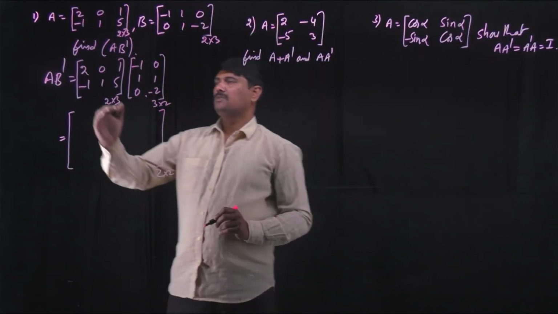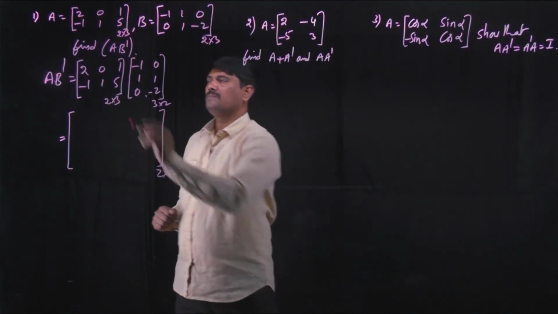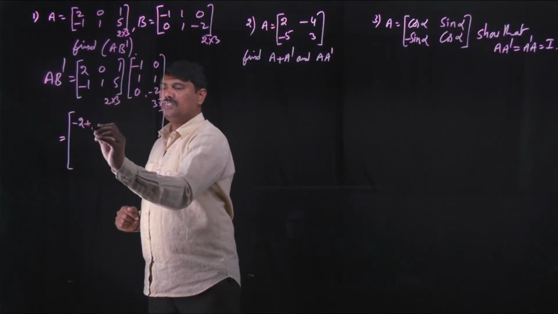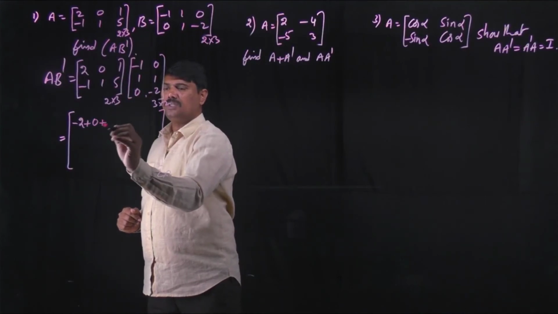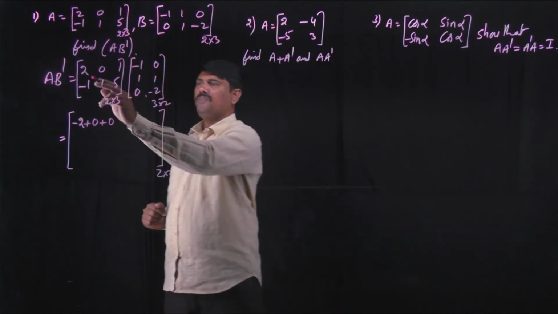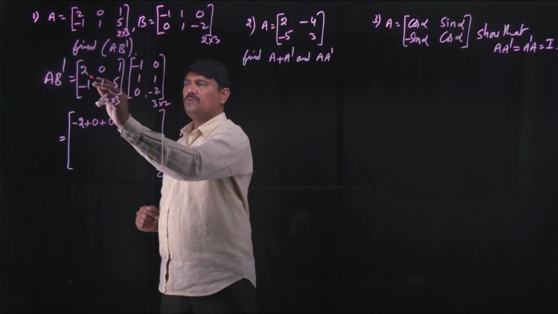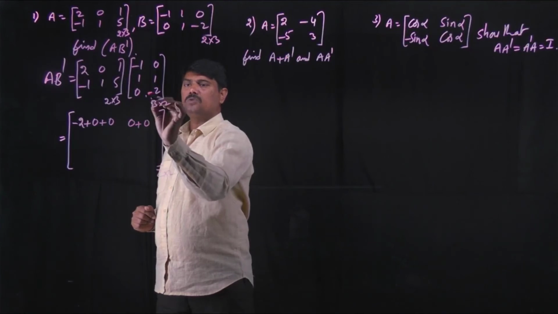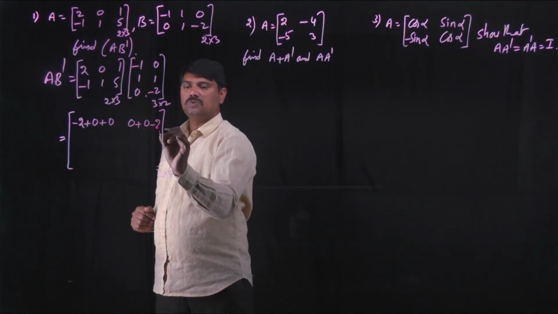As per the multiplication concept, 2 into minus 1 is minus 2, 0 into 1 is 0, 1 into 0 is 0. Now first row multiplying with the second column: 2 into 0 is 0, 0 into 1 is 0, 1 into minus 2 is minus 2.